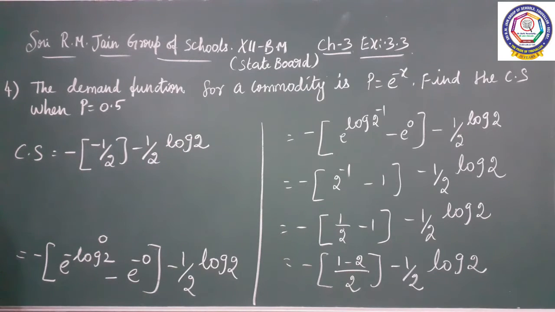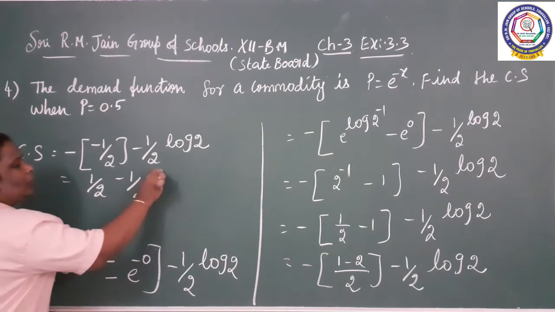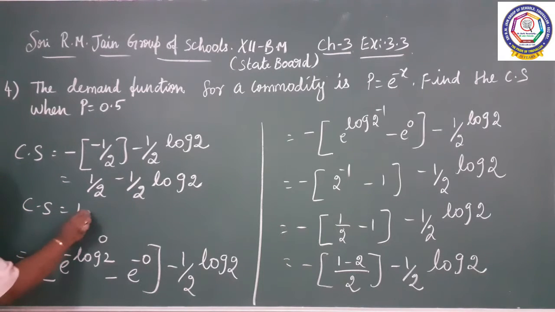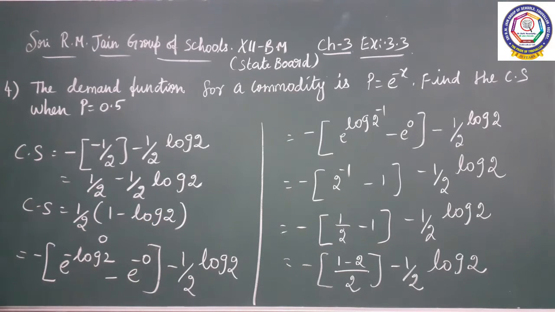Minus into minus becomes plus. So 1 by 2 minus 1 by 2 log 2. So consumer surplus equal to 1 by 2, taking it out commonly, 1 minus log 2 base e.